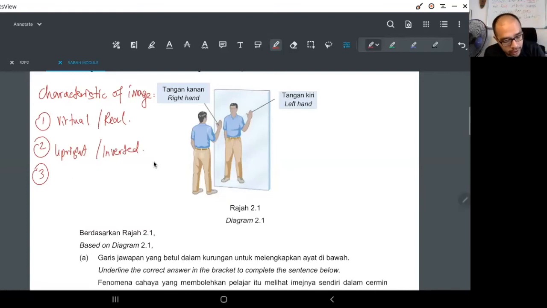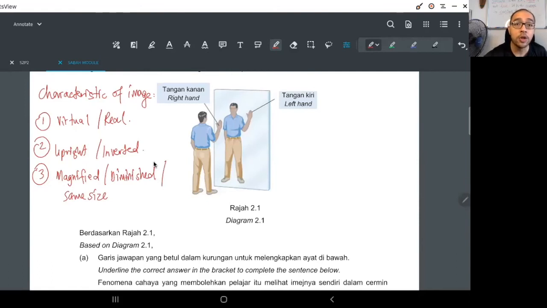And thirdly, is it magnified, meaning the image is bigger than the object, or diminished, meaning the image is smaller than the object, or same size as the object. When you talk about the characteristics of the image, you need to have three characteristics: either virtual or real, either upright or inverted, either diminished, magnified, or same size.